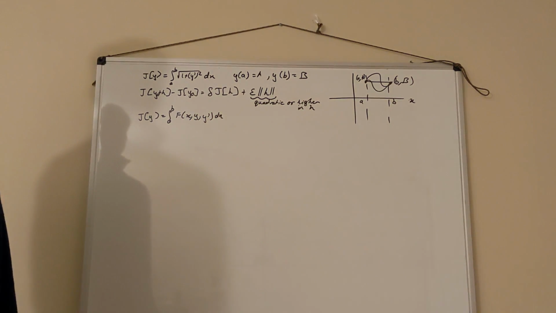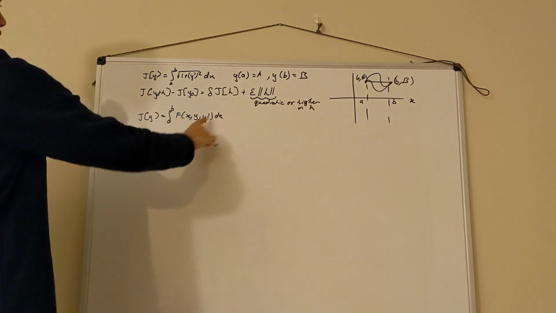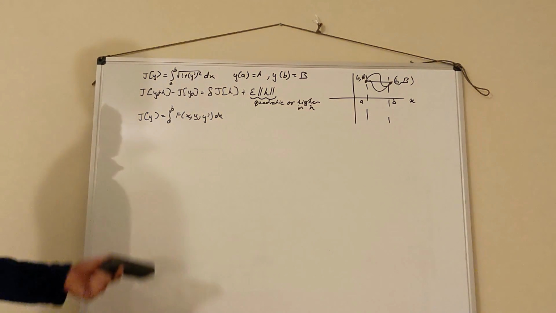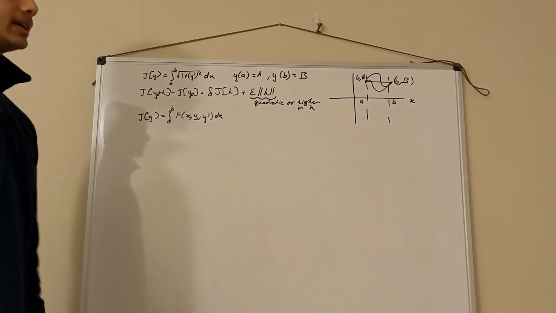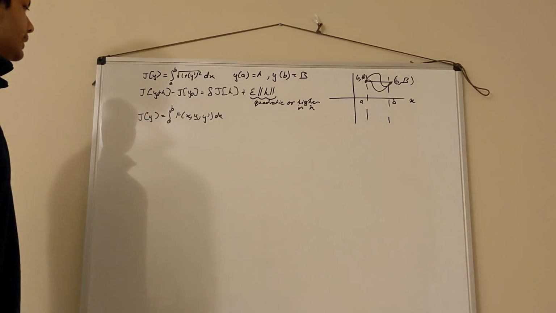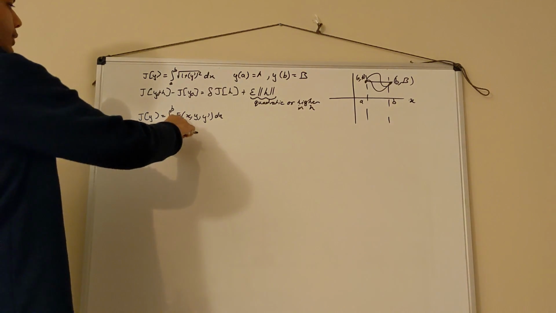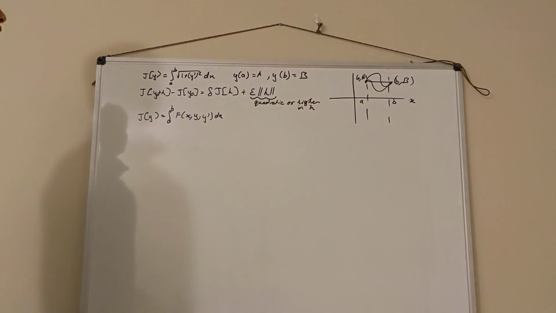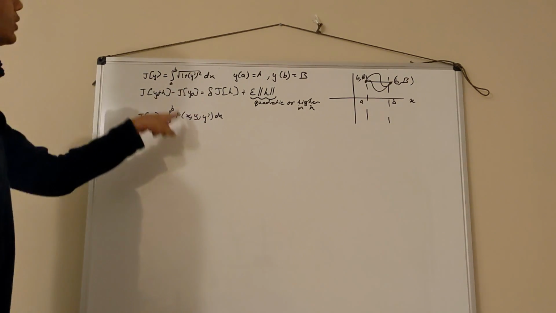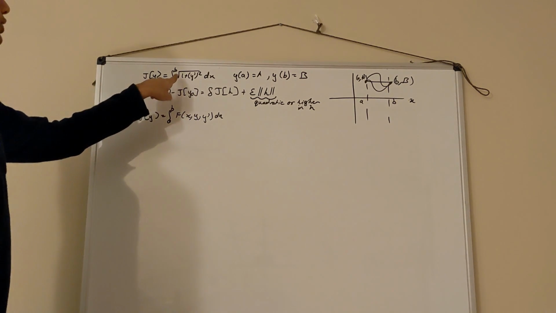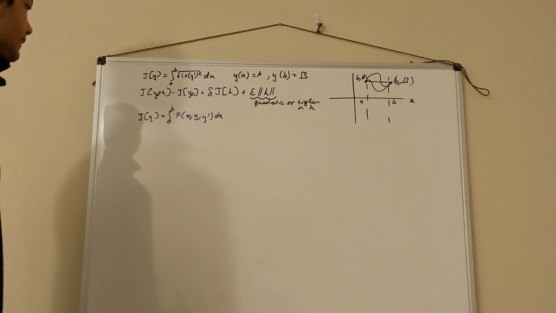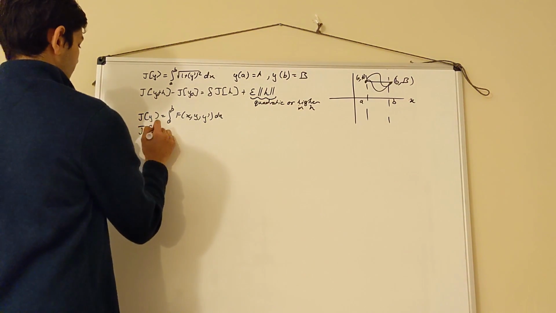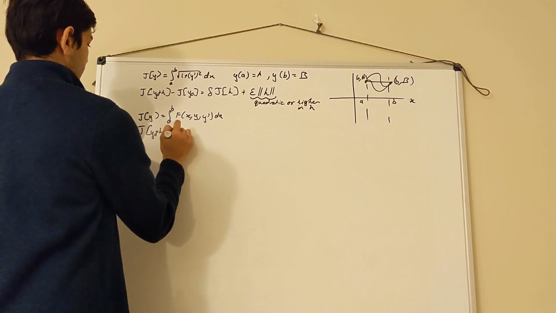The f is just some function of three variables, so you should really think of it as f of x, y, z, where we replace the z variable with y prime, evaluate this at every point x, and then integrate, and that gives you some value for your functional. Again, in our case f of x, y, z is the square root of 1 plus z squared. So what we want to do is look at J of y plus h minus J of y.